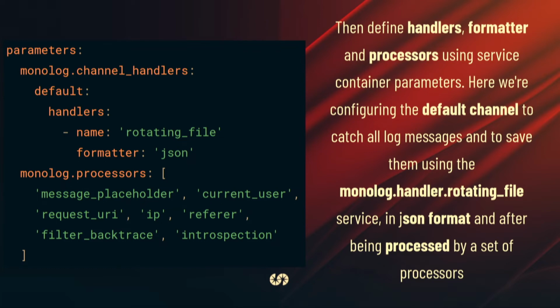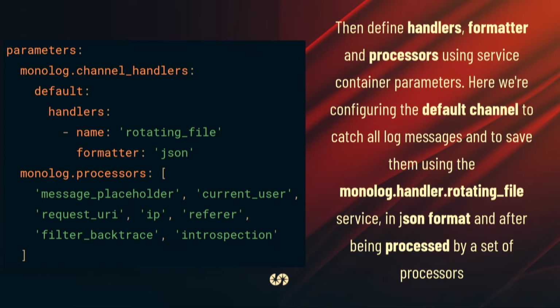We will say that the handler is the rotating file service we have defined. We want to route logs in a JSON format, and we want to apply a set of processors that basically alter the log message before it is written to the file. And in this case, we are using the message placeholder, for example, to replace the message from the Drupal log to the log string itself.